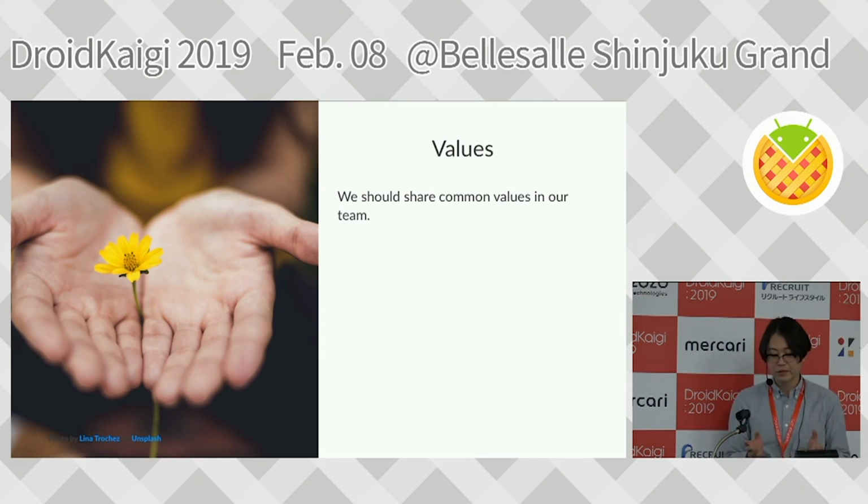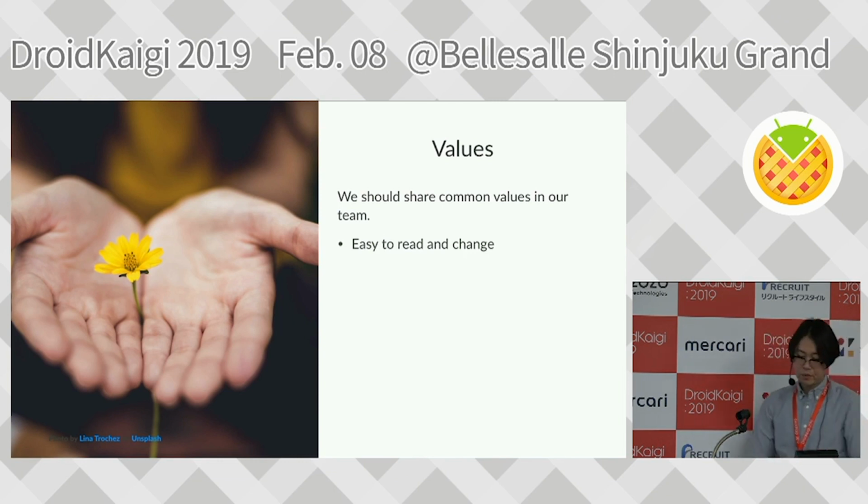We need to update them as early as possible. So we focus on how easy it is to change, fix, and add new features. And to develop faster, package names should also be proper. And this is off topic, but many Japanese programmers are not good at English, so naming is actually one of the most difficult processes in programming.